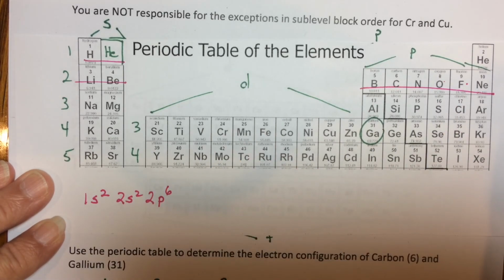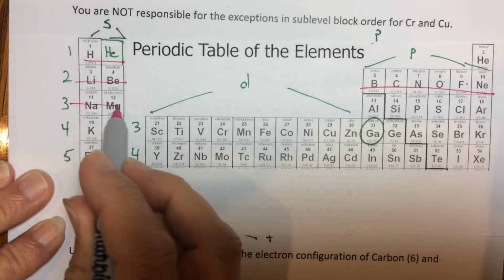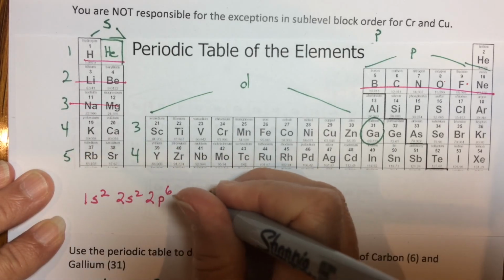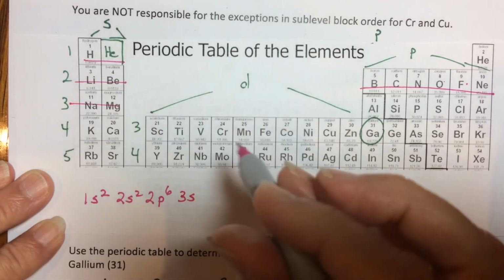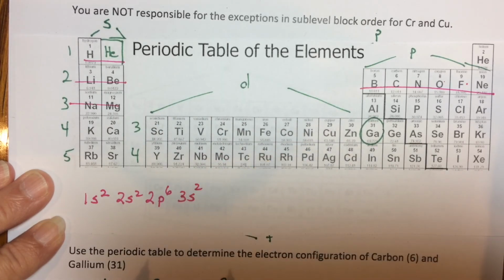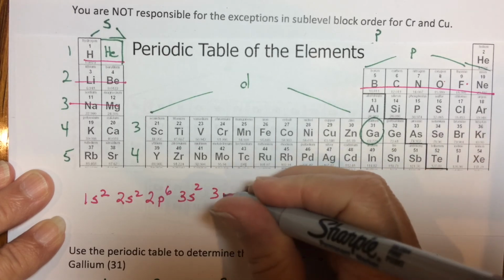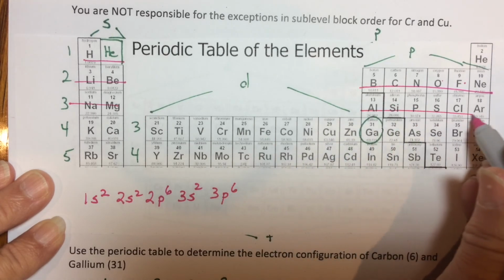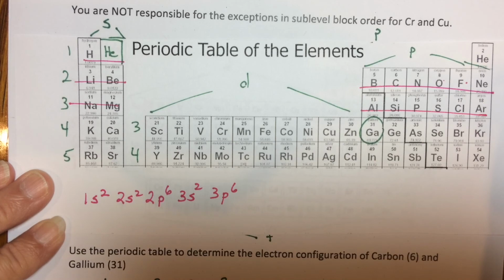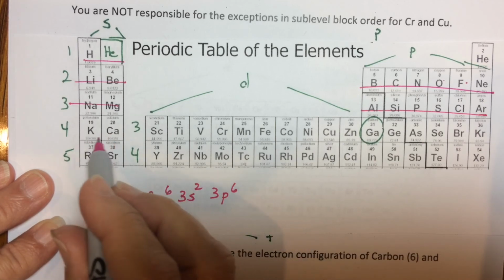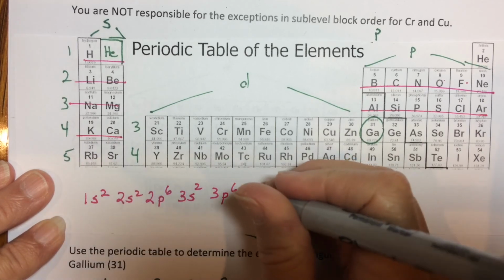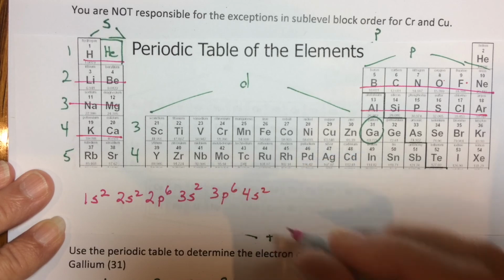Then we're ready for the third row. We get 3, those are S's, and they're 2 blocks. And there's a 3p6. Then we come down here, we've got 4s2.